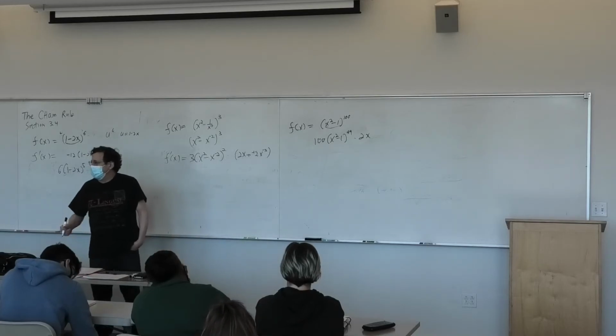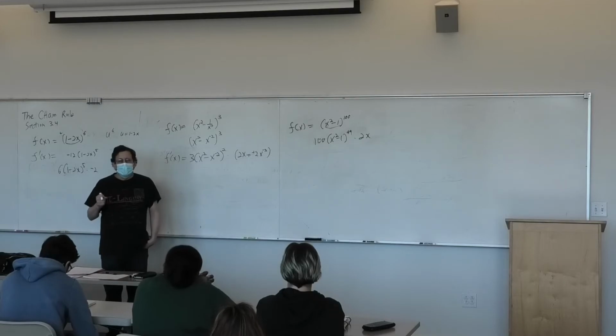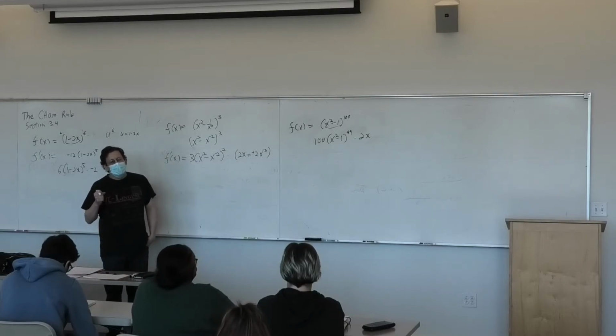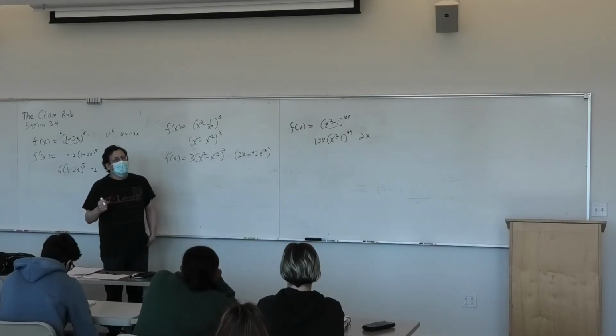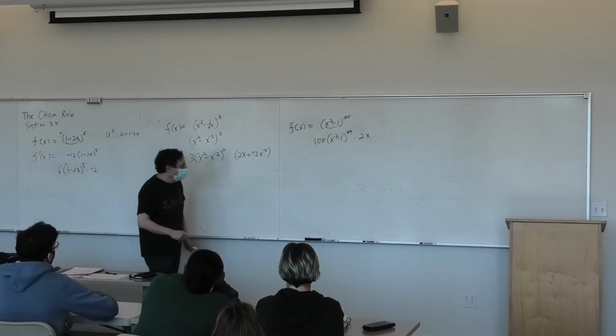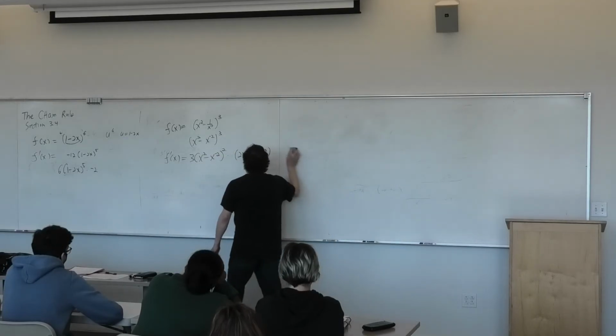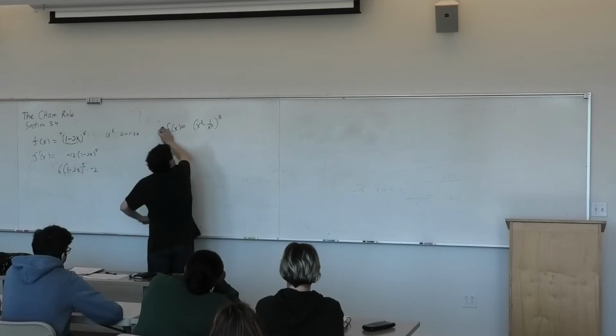So now that we know the chain rule, there's something that's new, and I think at first it seems a little tricky, but it's really kind of beautiful that you can do this. I guess I should give it a name.